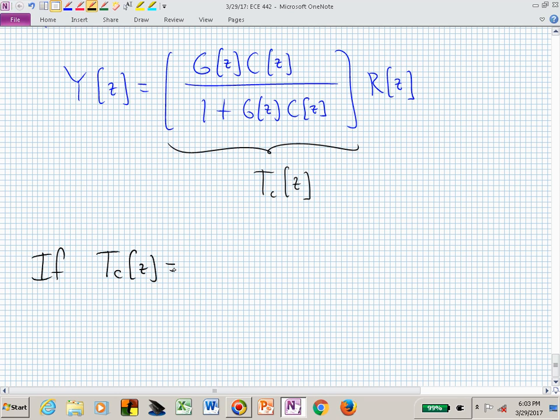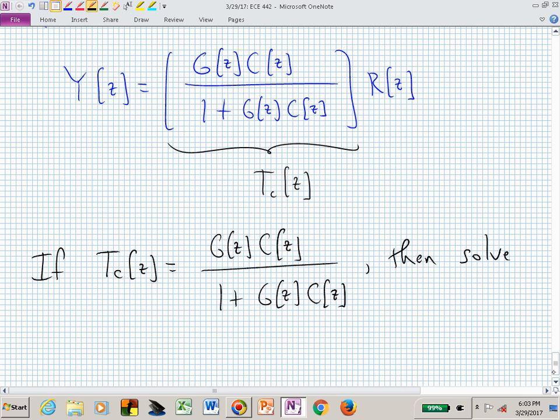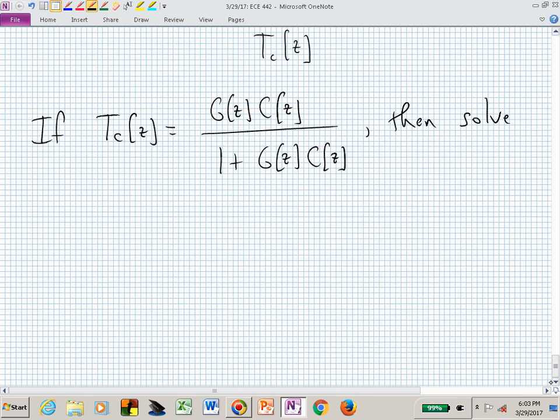T sub C of Z is G of Z C of Z over 1 plus G of Z, C of Z. What we need to do then is solve for the controller, because in this Ragazzini approach, we find a desired transfer function.